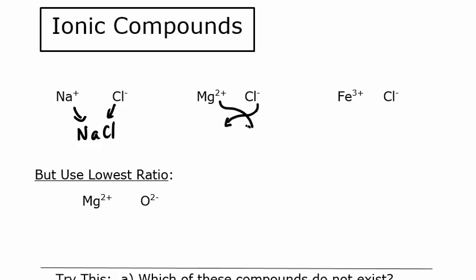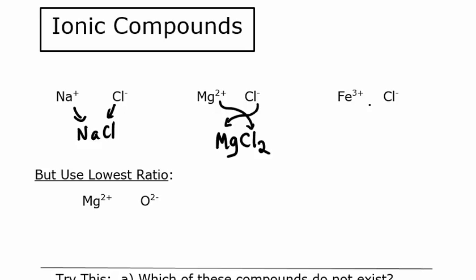You think of the 2 plus as just being 2, and the 1 minus as just being 1, and the 1 becomes the subscript for magnesium, the 2 becomes a subscript for chlorine. So that compound would be MgCl2, which is the same as saying you need 2 negatives to balance 2 positive.